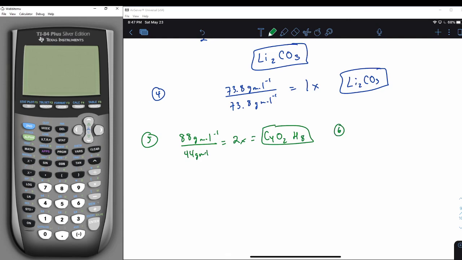Number 6, you have a molar mass of 136, and you have an empirical formula of C4H4O, which ends up being 68 grams. And that ends up being 2 times as well. So your molecular formula is C8H8O2.